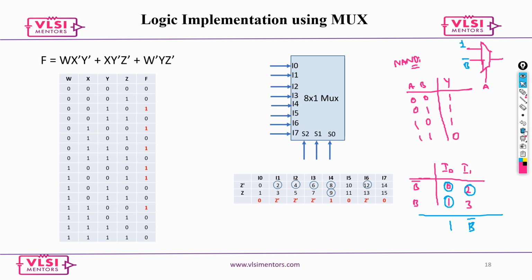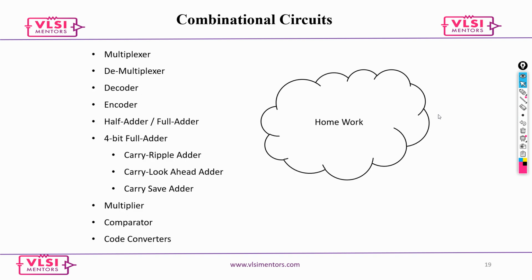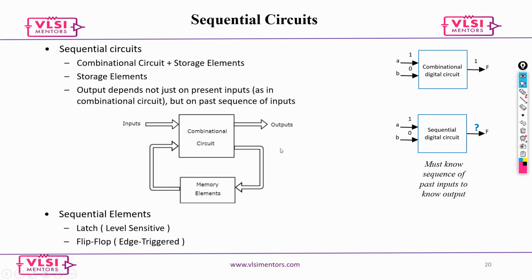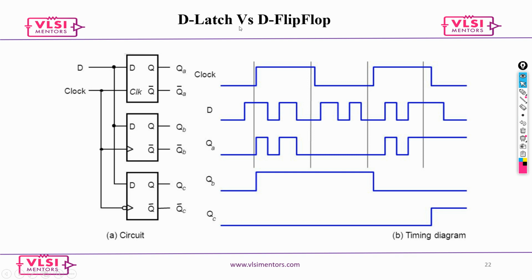Okay. All right. So with this, let's wind up the complete combinational. Now we'll take a 5 minute break and then we'll get started with the sequential circuits. I want to cover a couple more slides where we try to understand the different sequential elements.